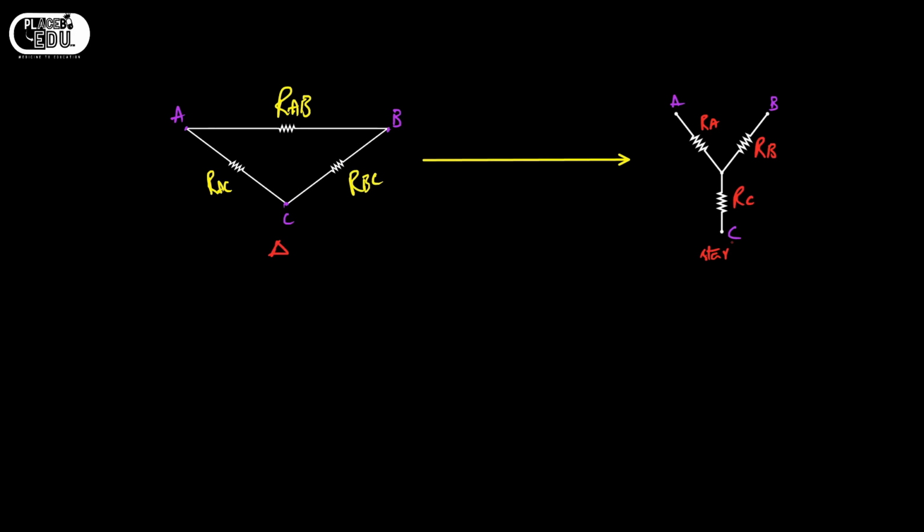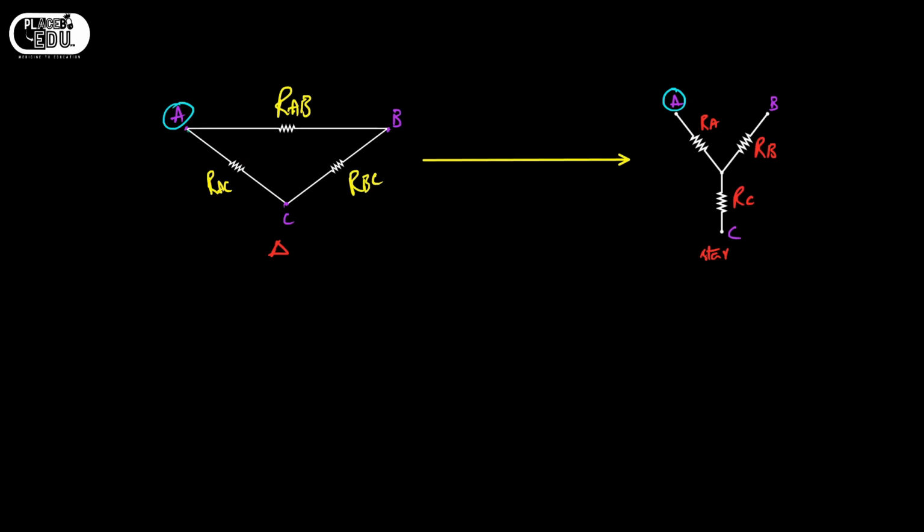And the second point is, whenever you are transforming a delta circuit to a star circuit, the star circuit should be drawn as stated. That means this terminal and this terminal should coincide. Understand?